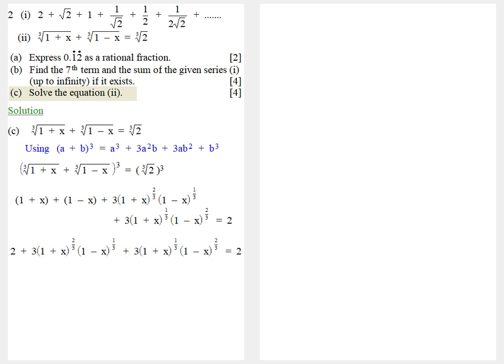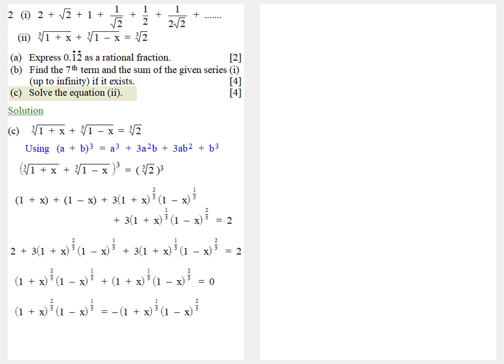Now the first two terms in that simplify to give the number 2. And the number 2 can cancel on the left and the right hand side. We can then divide both sides by 3. And so we're left with 1 plus x to the 2/3 times 1 minus x to the 1/3 plus 1 plus x to the 1/3 times 1 minus x to the 2/3 equals 0.